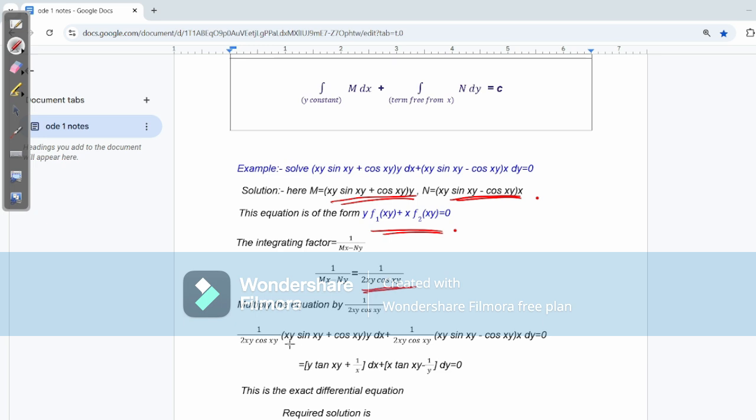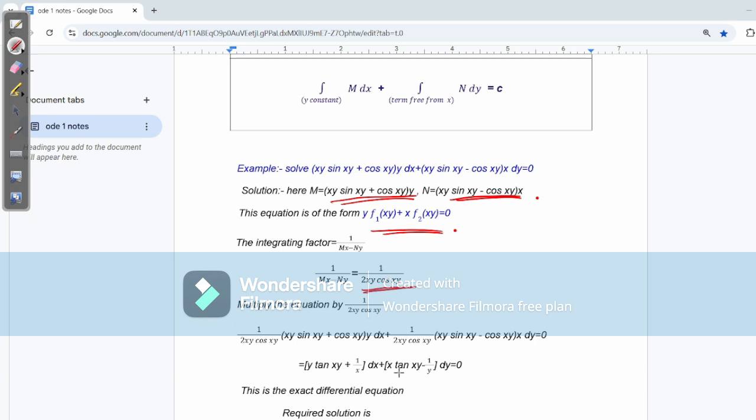When you multiply, in xy sin xy this xy gets cancelled out. Cos xy by sin xy means tan xy, and this value is here, plus cos xy gets cancelled out, this y and this y get cancelled out, this is 1 by x, plus xy xy gets cancelled out.